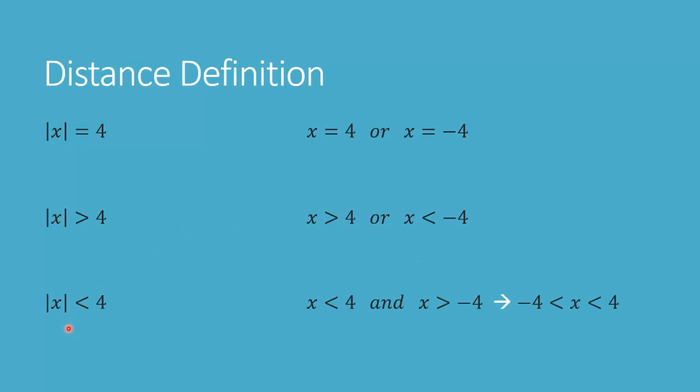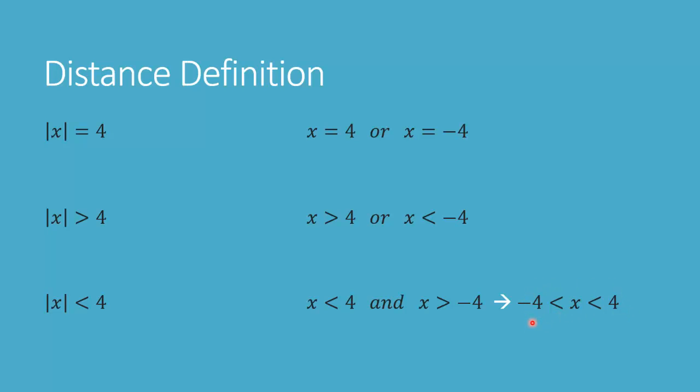Now, what if we turn this around and go absolute value of x is less than 4? So now we want all x's that are less than 4 and greater than negative 4. And if you think about this, especially if you look at this first, and then this is our little tri-inequality.